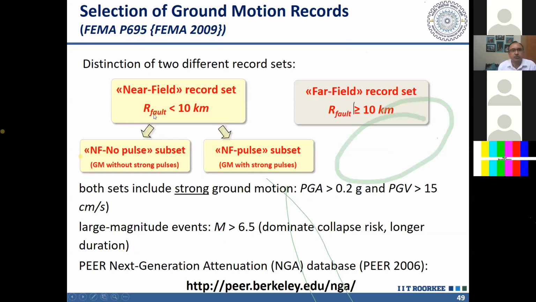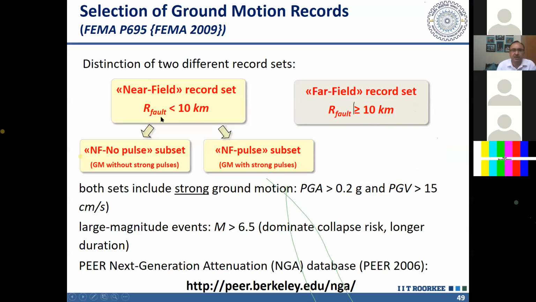Now, to help you, two sets of these time histories are available in FEMA P695 document, and it has three sets, I will say. One is the far field record set, which is at a distance more than 10 kilometers from the fault. Then there is a near field record set, which is within 10 kilometers from the fault.